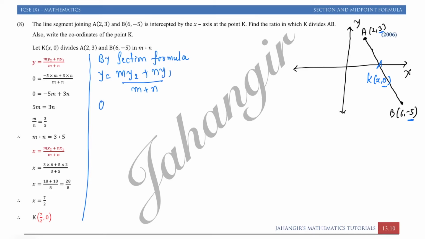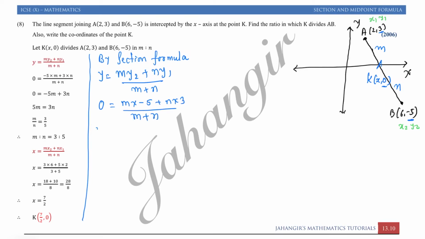So y coordinate is 0. This is m and this is n. So I can write it down, x1 y1, x2 y2. So m we can multiply by minus 5, plus n we can multiply by 3, upon m plus n.